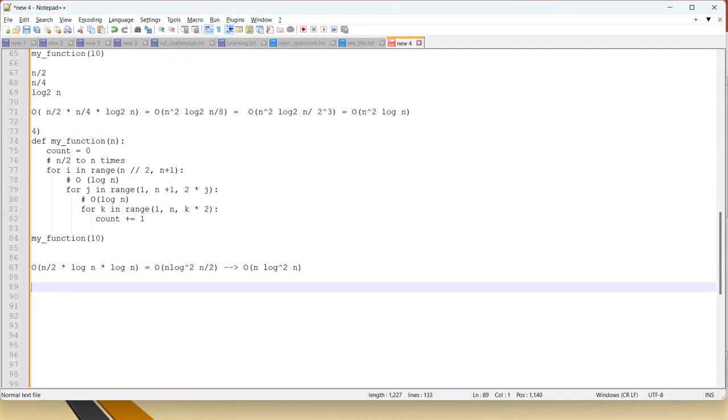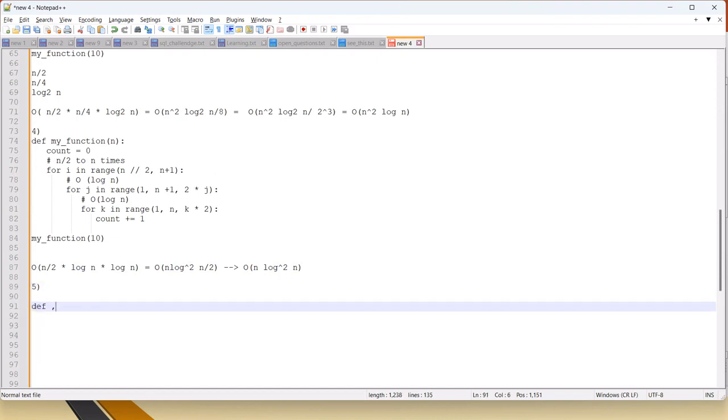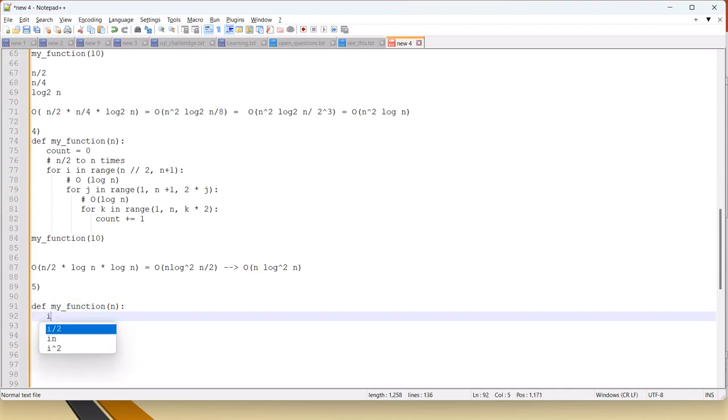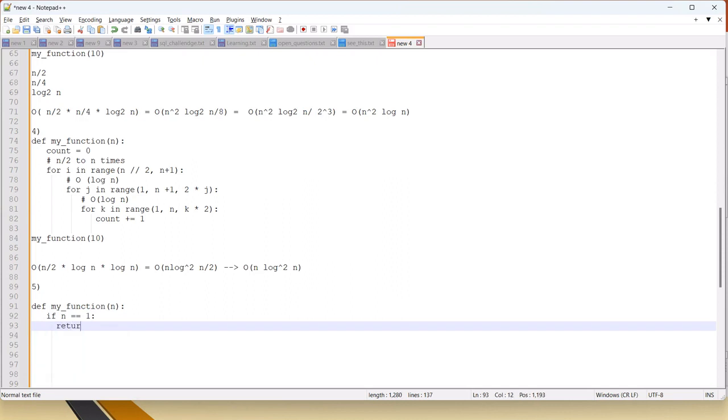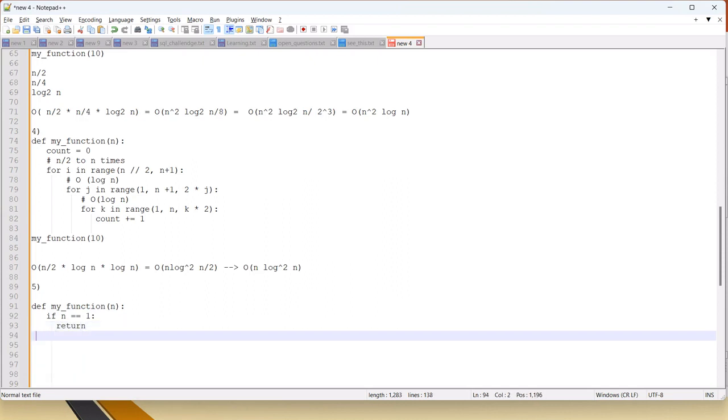Now let's take another example which has some if condition, okay? If n equal to 1, then we'll simply return. I just wanted to have some if condition to see how we usually calculate it.